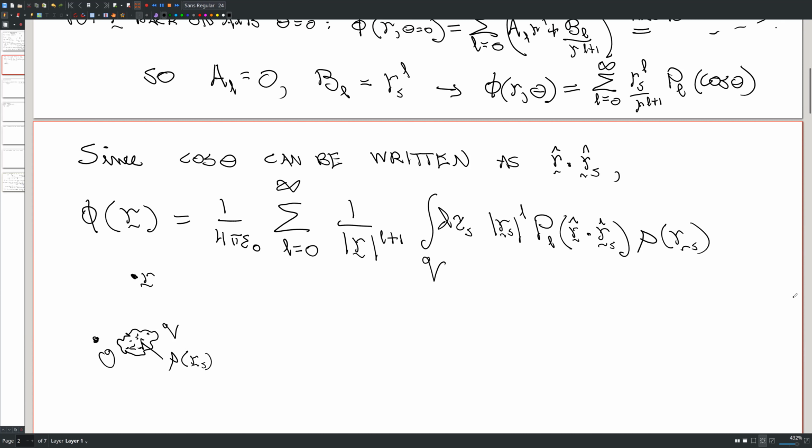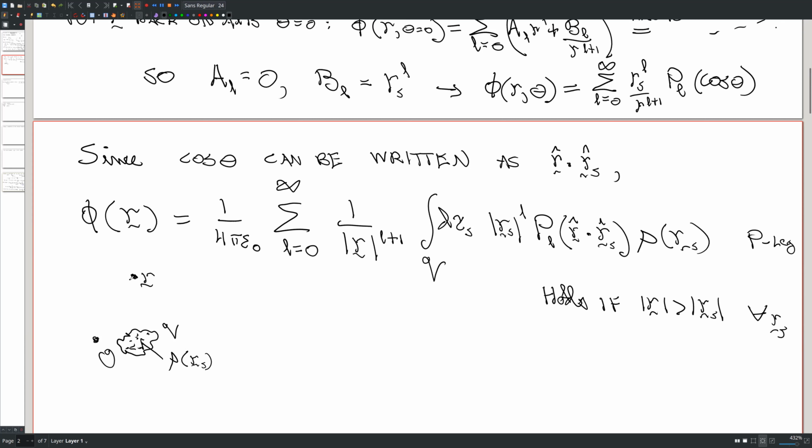In the notes, I call this equation P Legendre, the potential as a Legendre sum. And this holds if r is greater than r_s for all r_s.